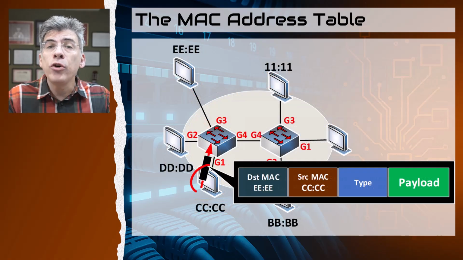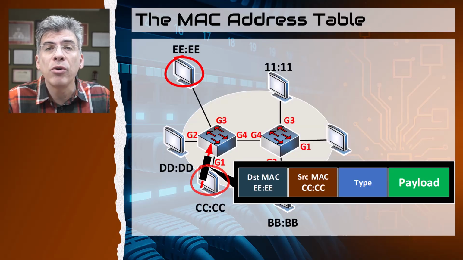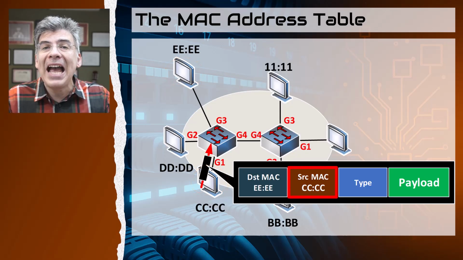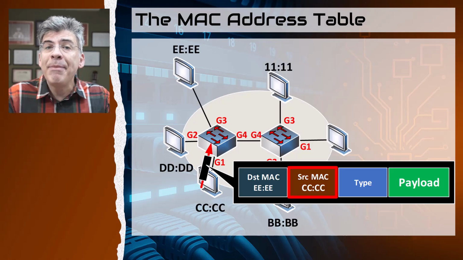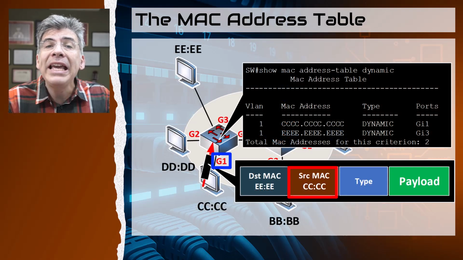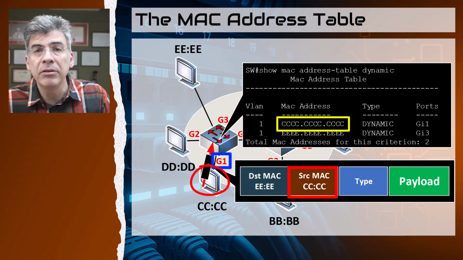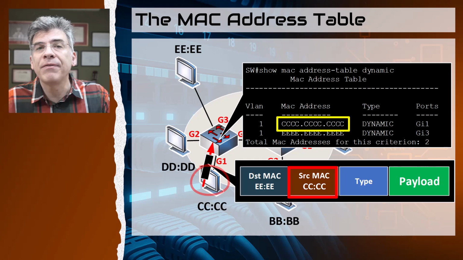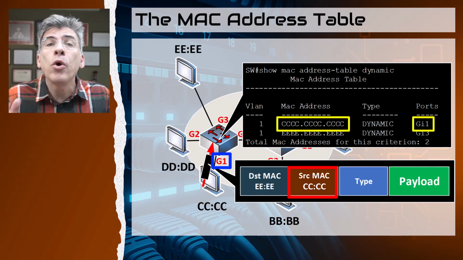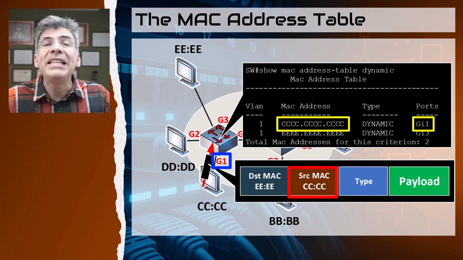Now when this host prepares to respond and sends out a frame to this host here, the source MAC address is read and the MAC address table is populated. Now we have the MAC address of this host in the MAC address table with its corresponding interface of Gigabit Ethernet 1. So all future frames that are sent to this destination will be sent out of that port alone.